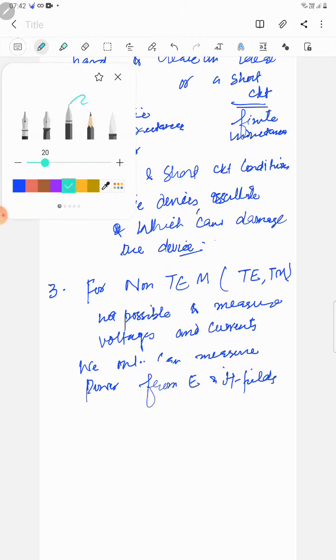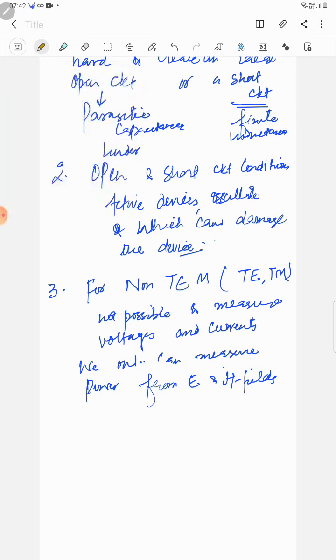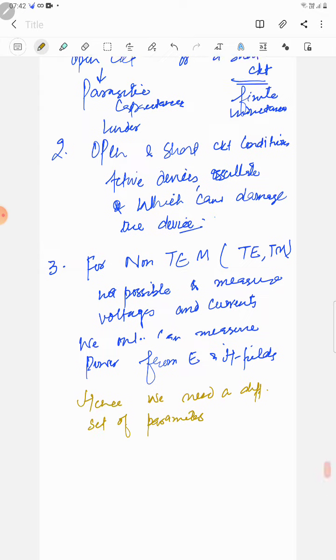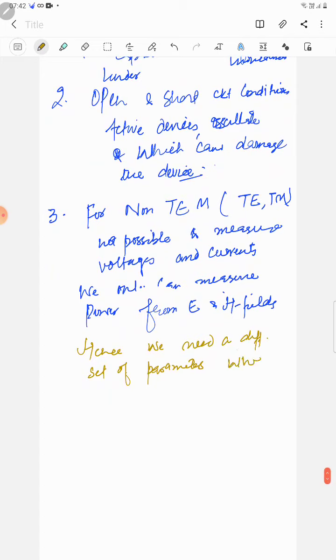So hence we need a different set of parameters which, number one, do not need open and short circuit conditions.